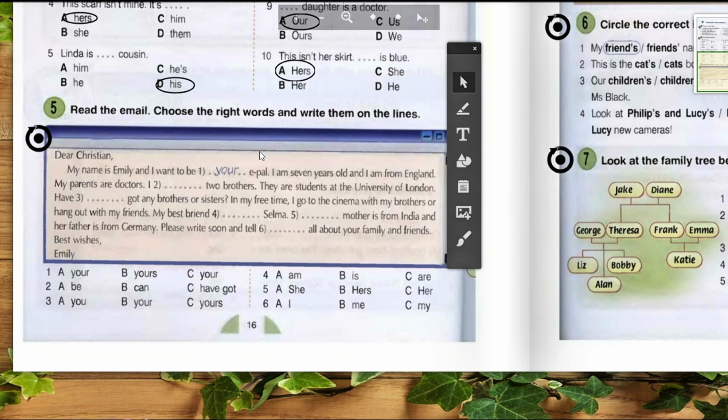Have you got any brothers or sisters? In my free time, I go to the cinema with my brothers or hang out with my friends. My best friend is Selma. Her mother is from India and her father is from Germany. Please write soon and tell me about your family.